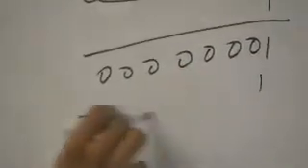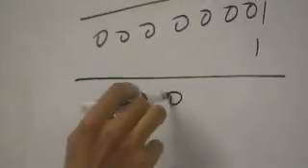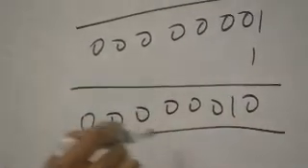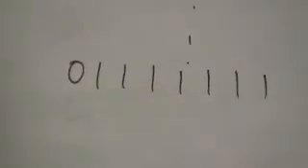You keep adding 1 to it, so it comes out to be something like this. You keep adding another 1, it comes out to be something like this. And keep going, you have something like this after a while.